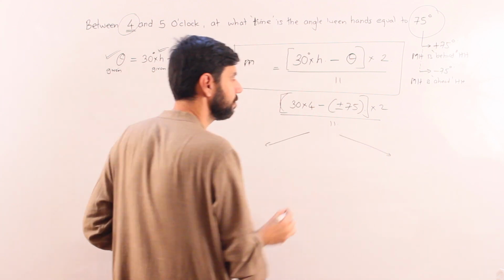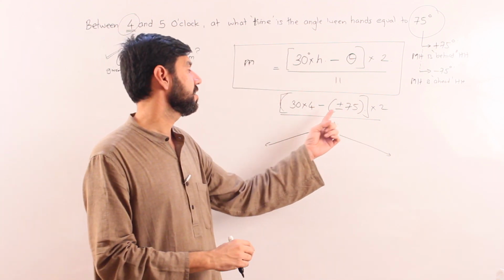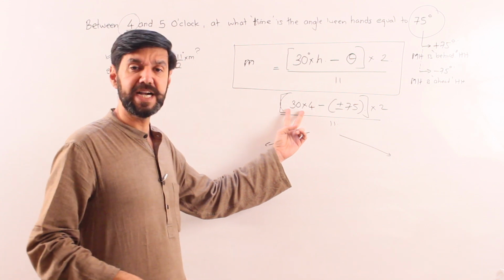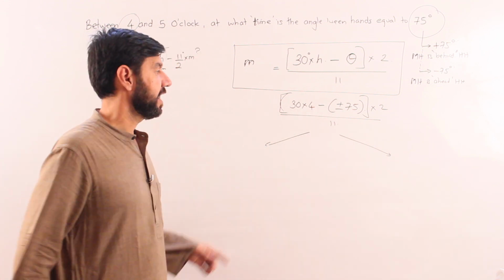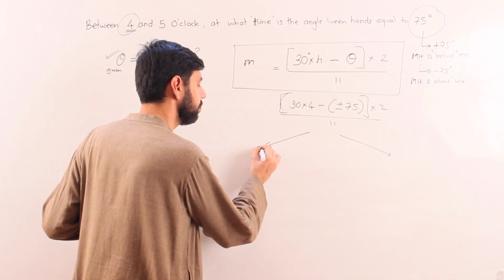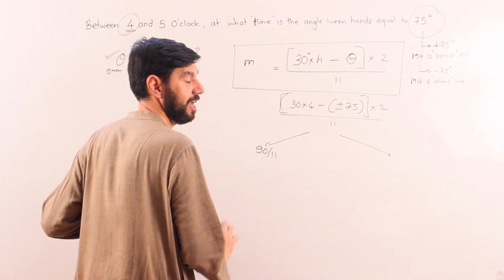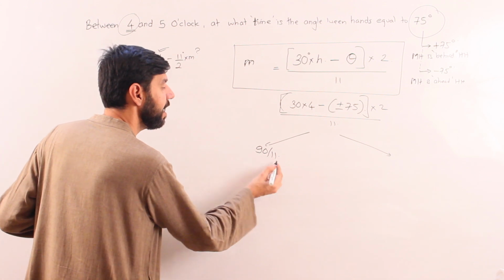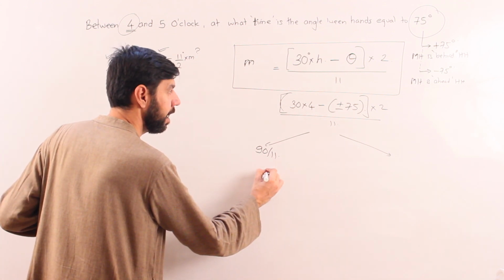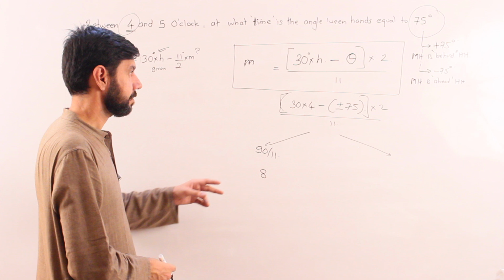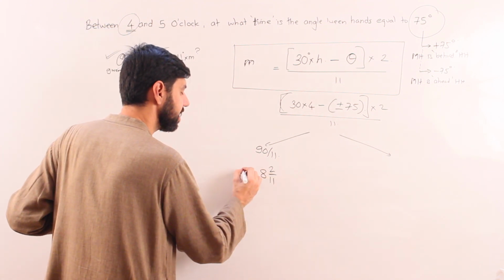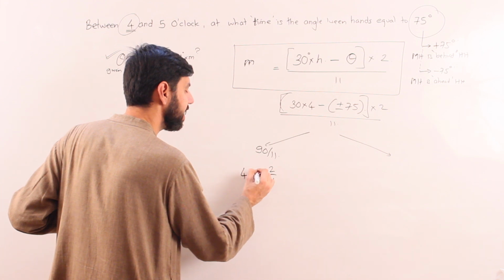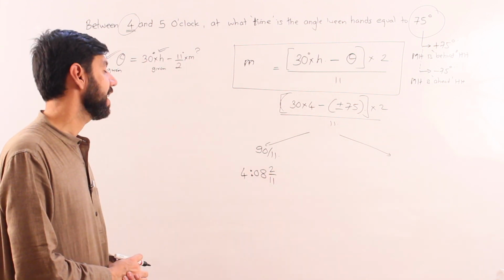I'm going ahead with the two branches and doing the question orally, students. 120 minus 75. That is going to be 45. 45 into 2 is going to be 90. 90 by 11. 11 8s are 88 and 2 by 11. So the answer is 4 o'clock and 8 2 by 11 minutes.